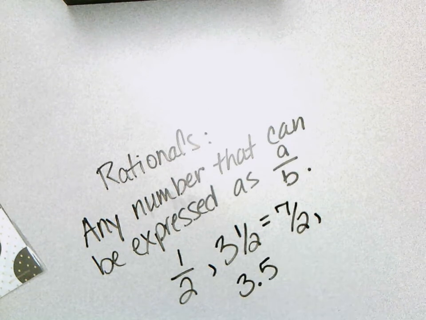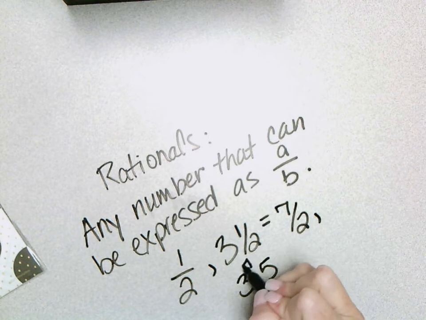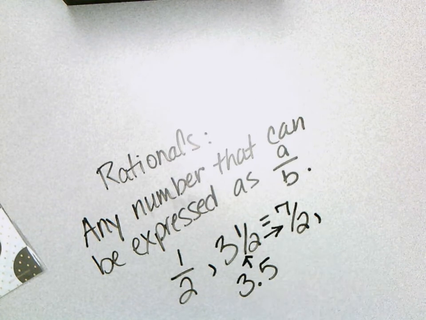Even though it looks like a decimal, it can still be written like this, which also is this. So those are things that would be called a rational number.